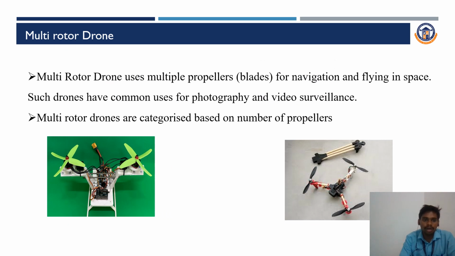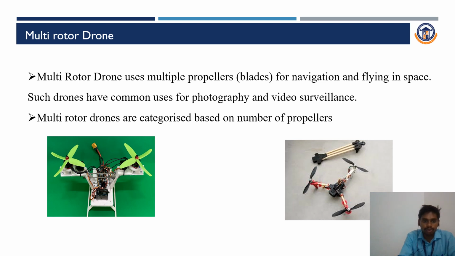This is a multi-rotor drone. A multi-rotor drone uses multiple propellers for navigation and flying in space. Such drones have common uses for photography and video surveillance. These are multi-rotor drones. This one is called a bicopter because it has two propellers, and this drone is called a tricopter because it has three propellers.